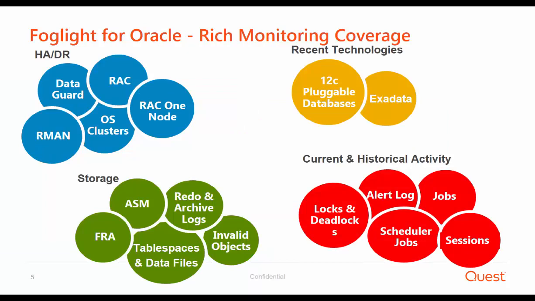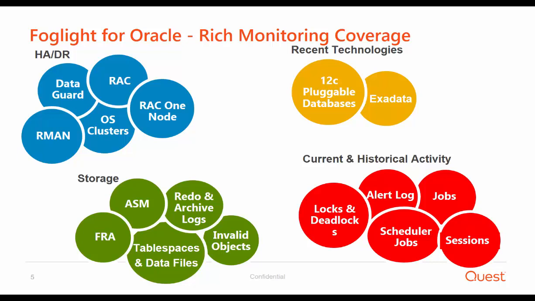Here we can see the rich monitoring coverage that we have for Oracle, including various high availability and disaster recovery solutions, such as Real Application Clusters, DataGuard, RMAN, and OS clusters nodes. Foglight has a very rich monitoring coverage for Oracle, SQL Server, and all the other database flavors.